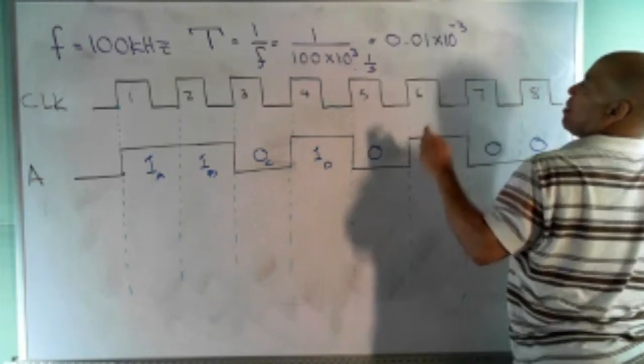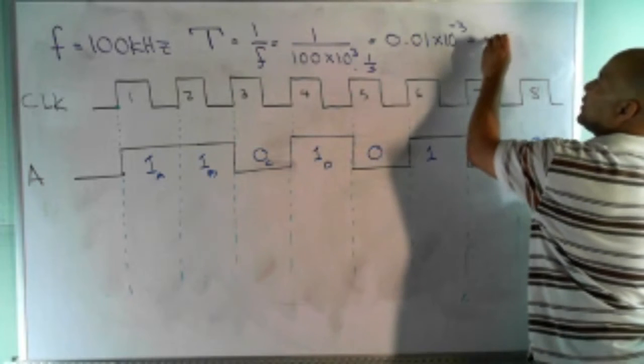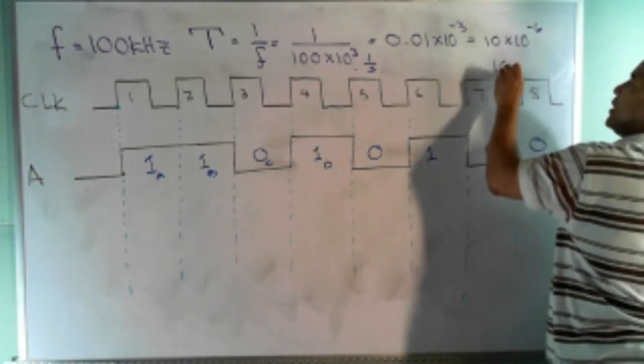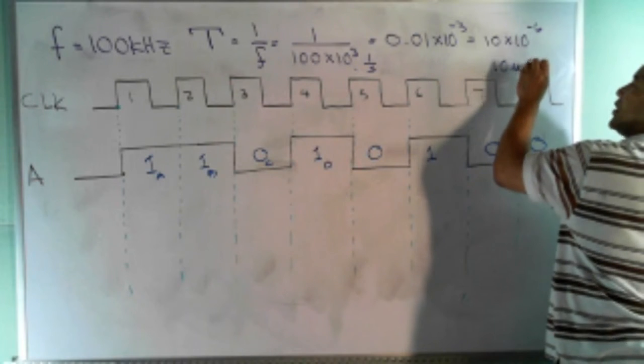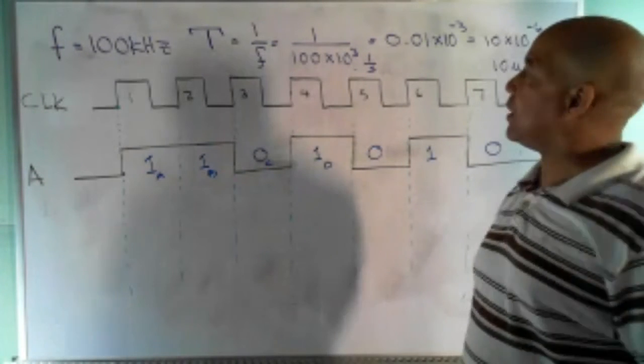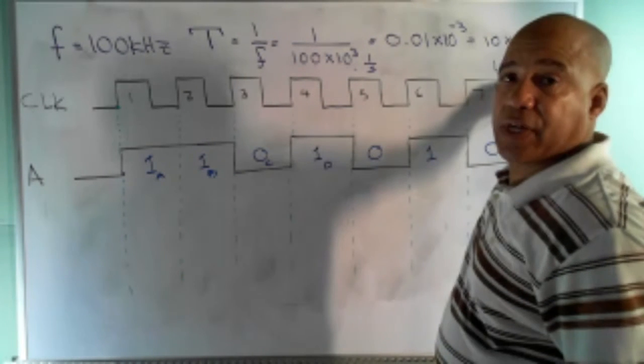Now I can move this over 3 more places, and what I would have is 10 times 10 to the minus 6, and that would be 10 microseconds. So that's kind of fast. Before we had milliseconds. So my bit time is 10 microseconds.